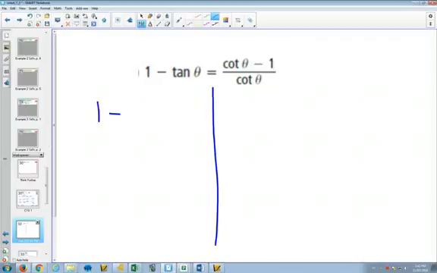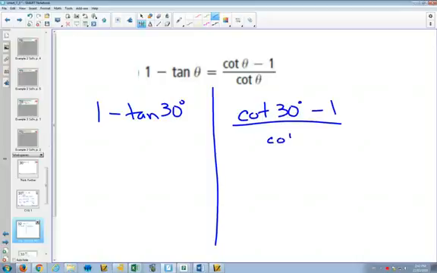So we would have 1 minus tan of 30 degrees, cotangent of 30 degrees, minus 1 over cotangent of 30 degrees. So which is the easiest one to figure out? Tangent of 30 degrees. What is tangent of 30 degrees? Root 3 over 3. What does that mean cotangent is? 3 over root 3.